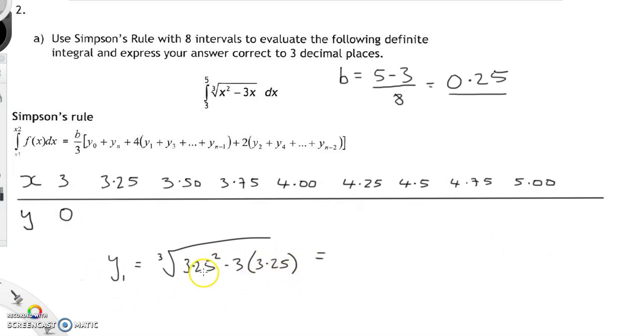Bang all that into the calculator, and if you round it off to 4 decimal places you should get 0.9331. So that'll go in here. The reason I'm going to 4 decimal places is because the question asks for 3 decimal places for the final answer.